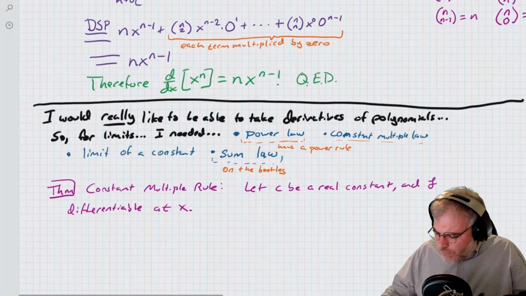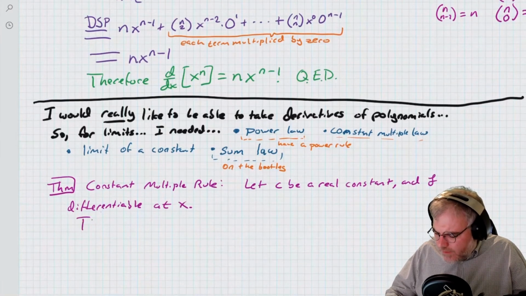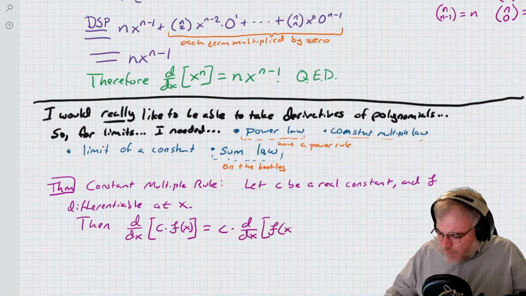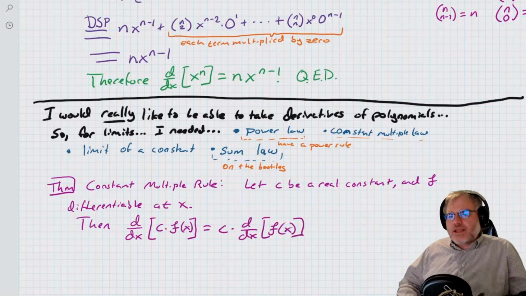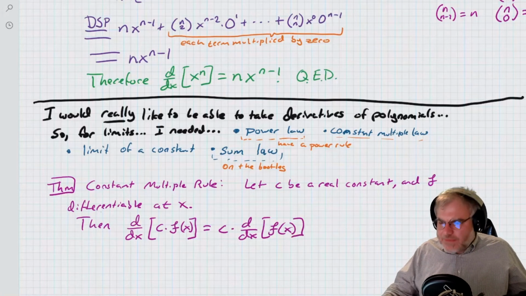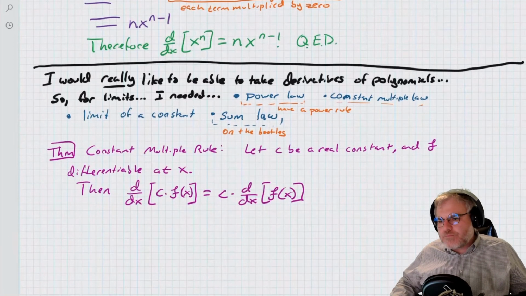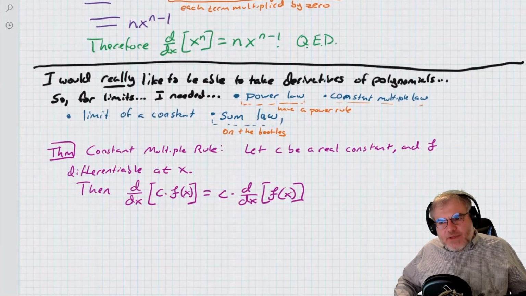The constant multiple law says the following. Then d over dx of c times f of x equals c times d over dx of f of x. And it looks just like the limit law, right? It looks really similar. I pull out the c and I'm good, which is what the limit law did.